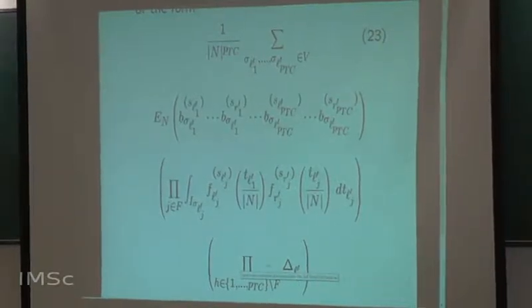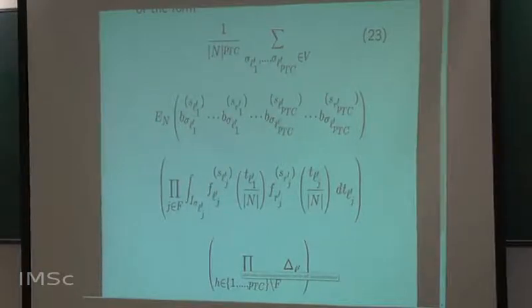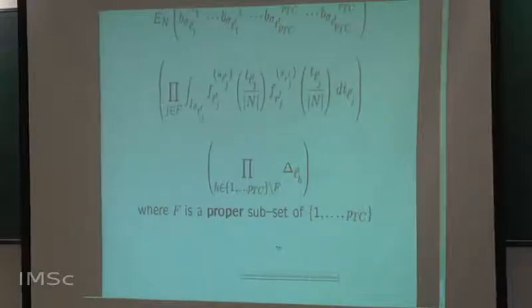So this product contains the delta factors. And the important point is that this product has at least one factor. So how to estimate this? The point is that this F is a proper subset of the set of totally crossing partitions.